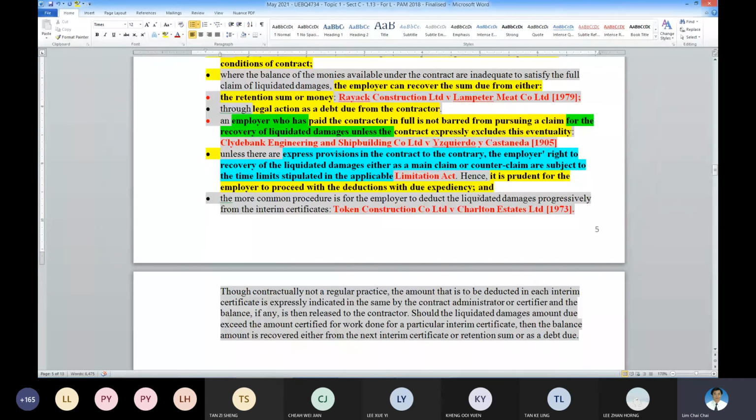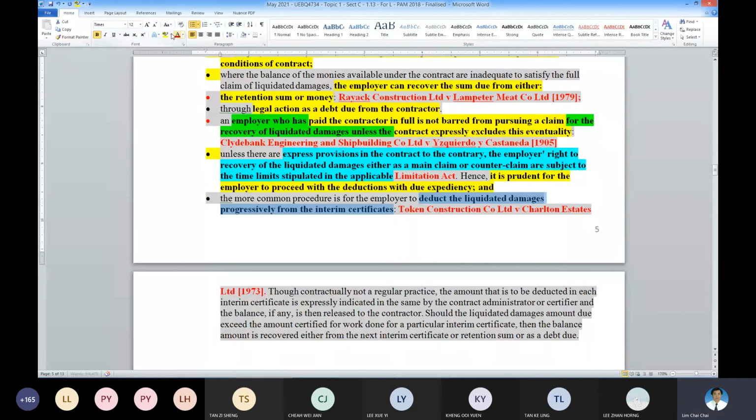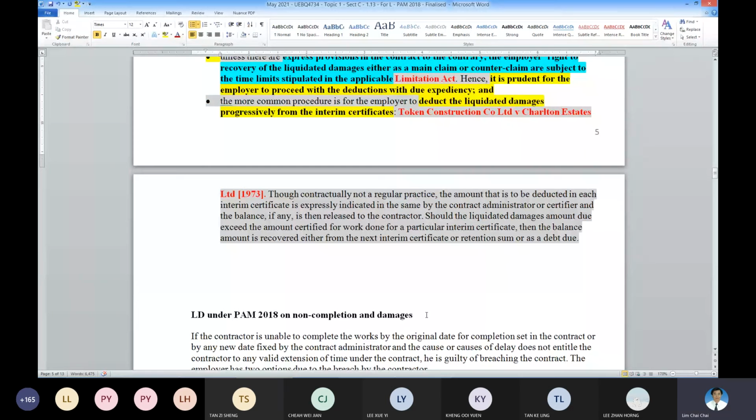It's up to the employer to deduct in one lump sum or deduct the money progressively from the interim certificate. It's up to the employer. So this is what we have covered. So we stop here on the general principle.